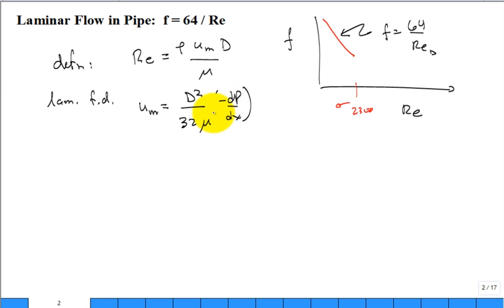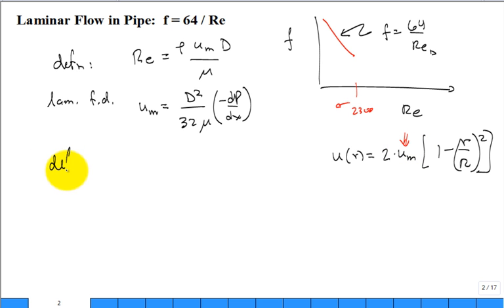I tried to do that last time, but I ran out of time. That's one of the main results, that we have that constant. And so the profile, if you recall, u as a function of r is equal to 2 times u mean times 1 minus r over cap R, quantity squared. That's what we were able to derive, this u mean constant. And then 2 times the mean velocity is the maximum velocity.